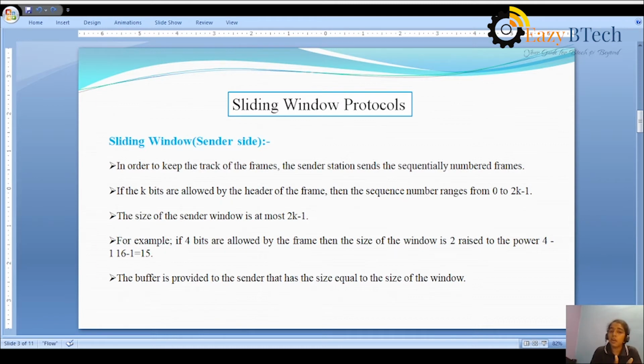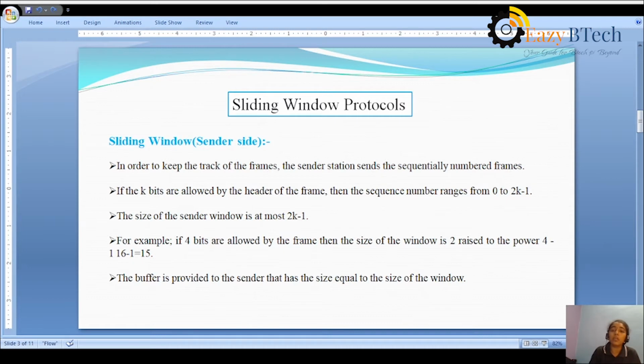Whenever the sender sends multiple data frames to the receiver, say 4 data frames from the buffer, the receiver receives those 4 frames and gives an acknowledgement frame for them.